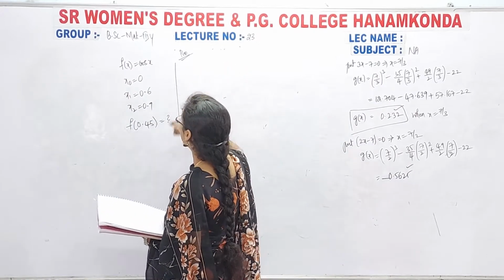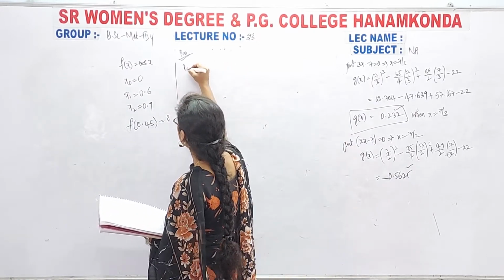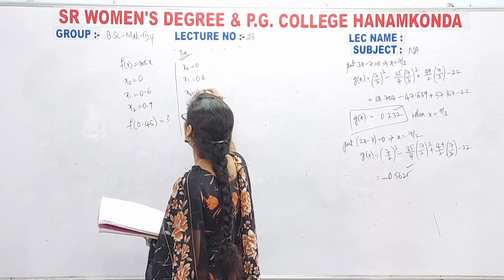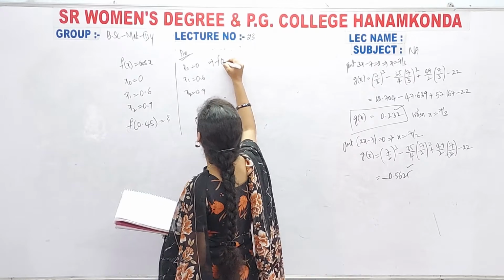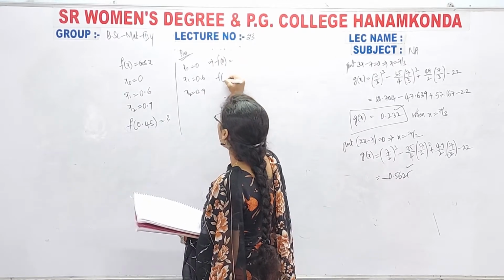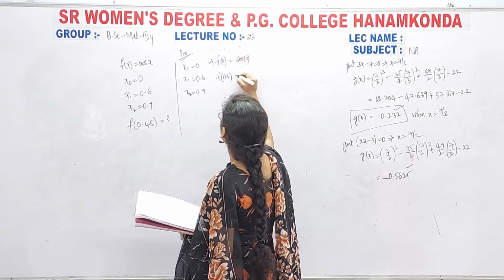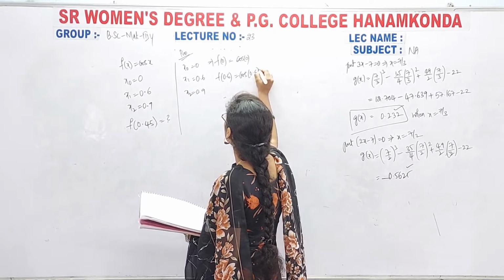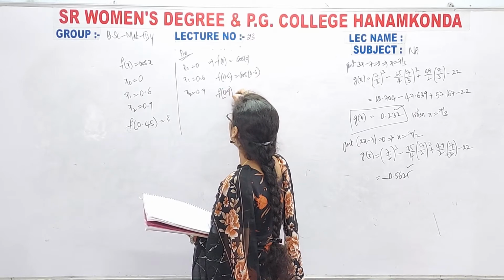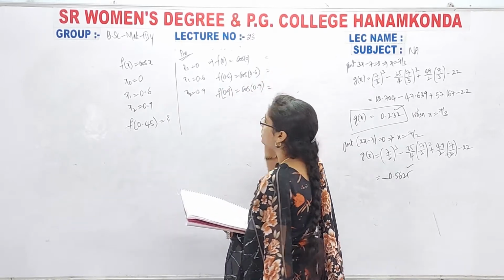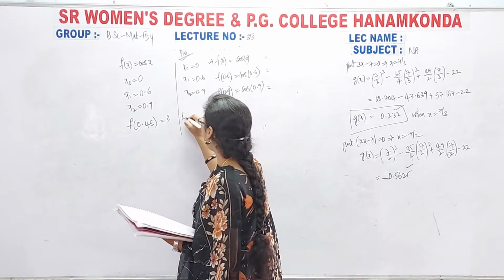Now here what you have to take, you have that f of x, so x naught equal to 0, x1 equal to 0.6, x2 equal to 0.9. Next here what you have to calculate: f of 0, f of 0.6, that means cos 0.6, and f of 0.9 means cos 0.9. Okay, here you will get the values. Next we have to go for L naught of x.